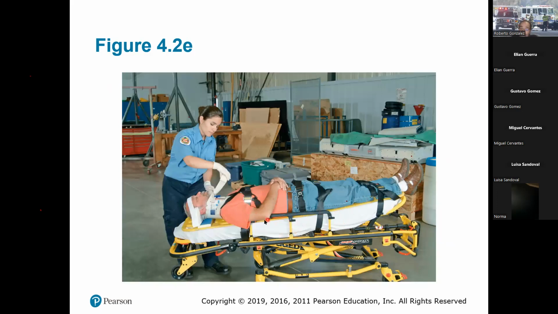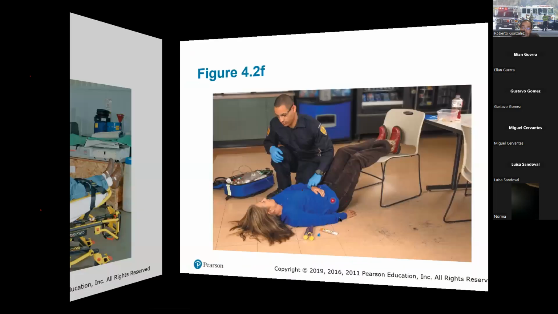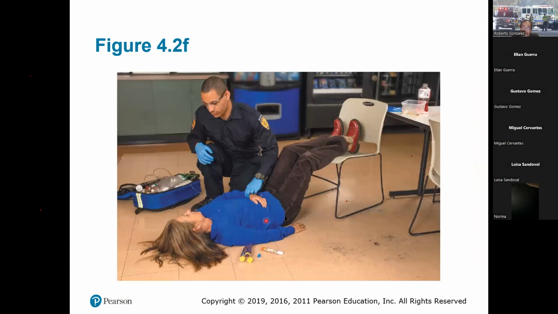If you notice, they're on a backboard and they elevate the feet and the whole body is actually coming down this way. So they're in a Trendelenburg's position. Bent at the hip and knees, this is the shock position. And I can tell you she's got allergies because she's got an EpiPen.